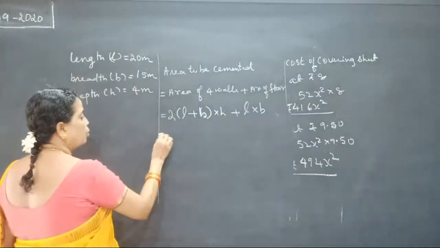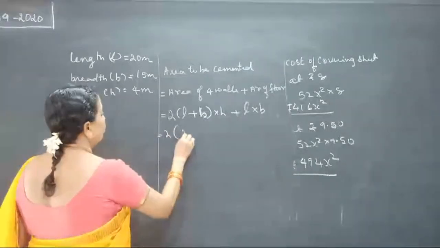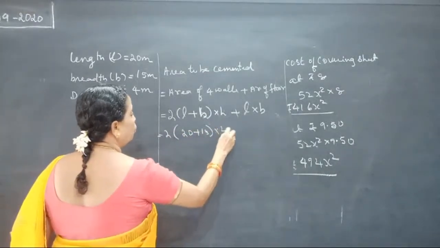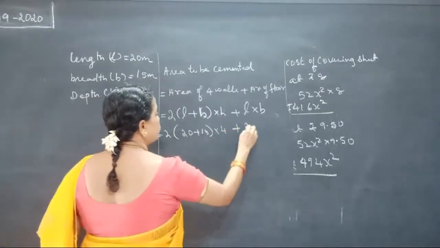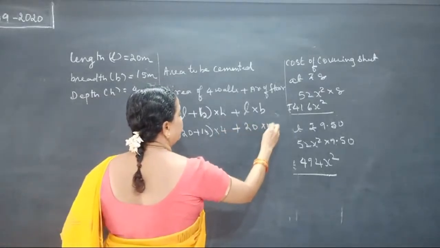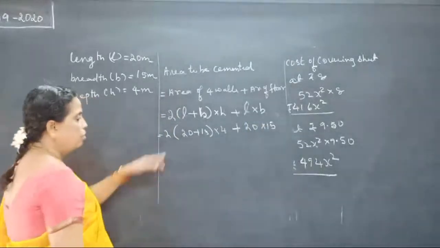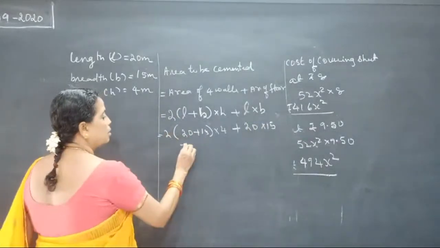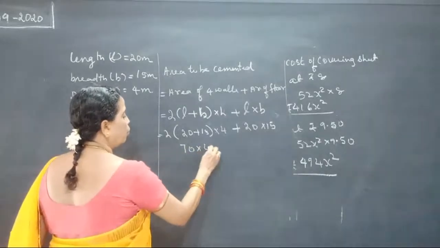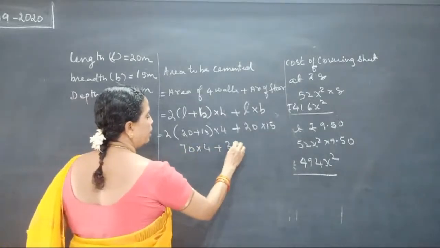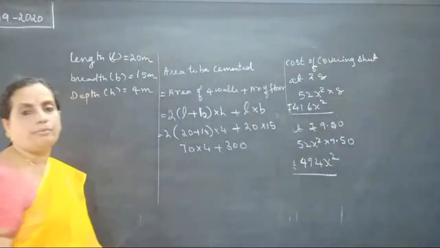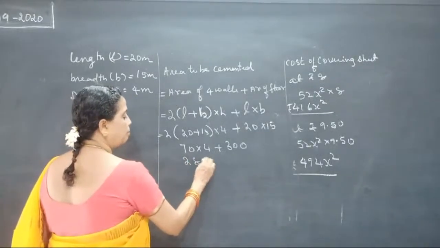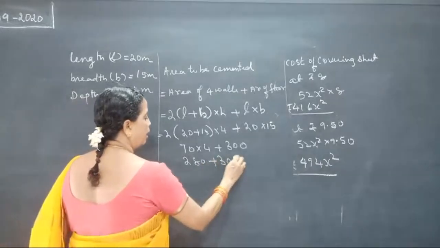Now substitute 2 into (20 plus 15) into 4 plus 20 into 15. What will you get? 20 plus 15 is 35, into 2 is 70, into 4, plus 300. 15 twos are 30, so 300. Now 7 fours are 280 plus 300.